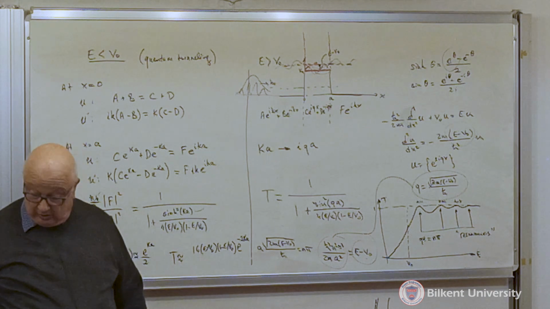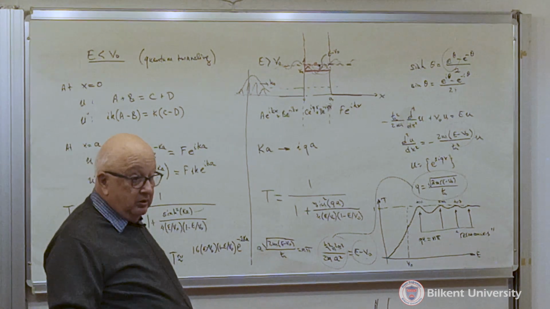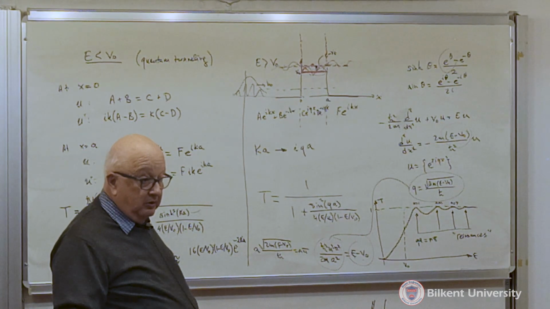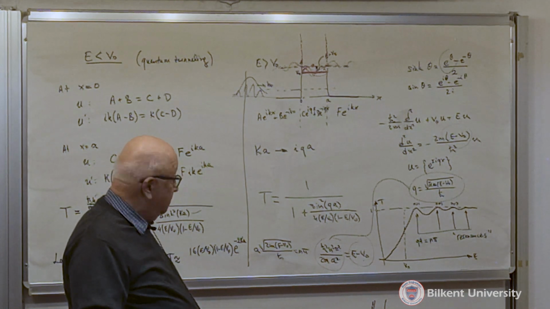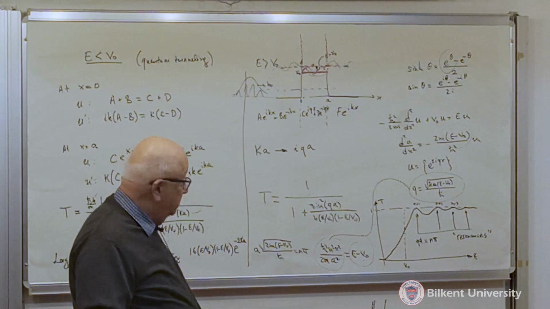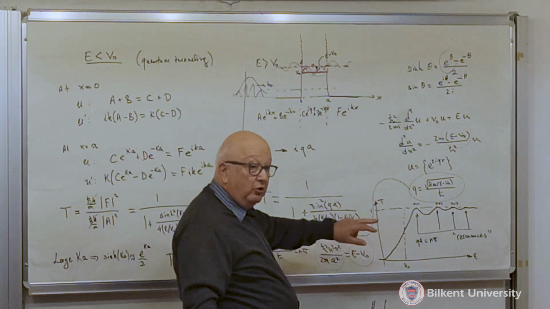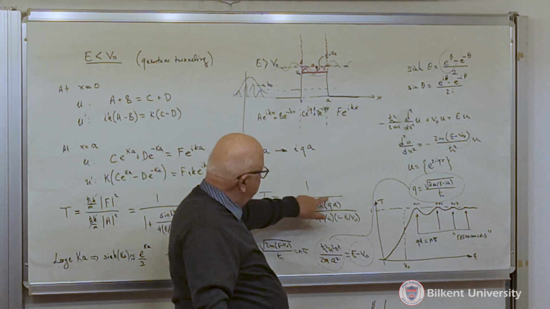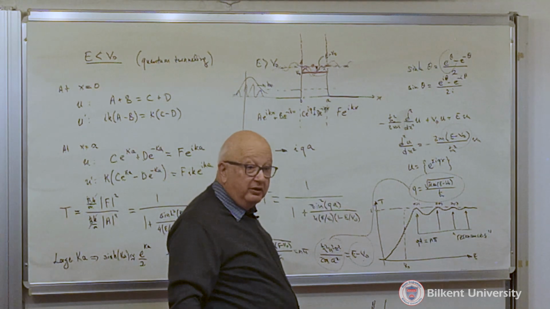When energy becomes V0, how is this transmission coefficient equal to this value? Which value? This graph. Okay, I just tried to plot this more or less. At certain points, this term is going to be 0, so T is going to be 1, and at other points, it's going to be less than that.